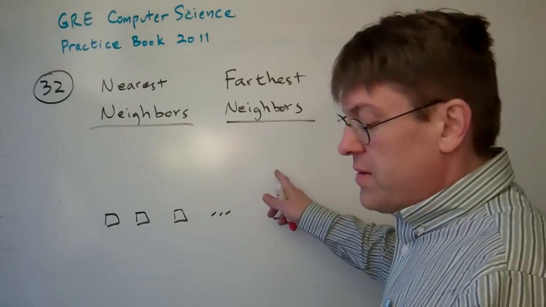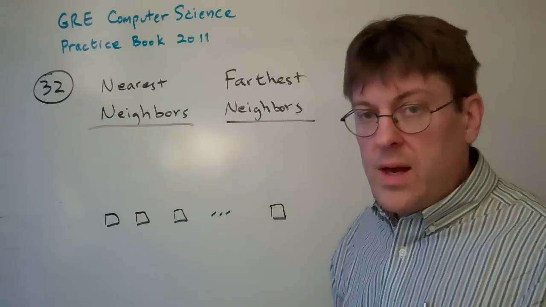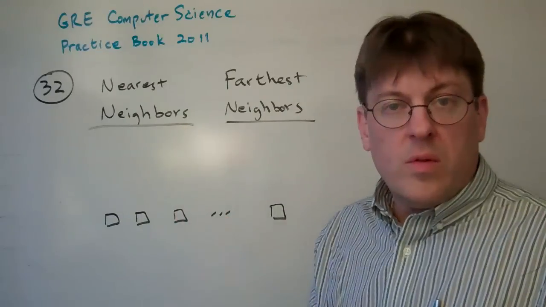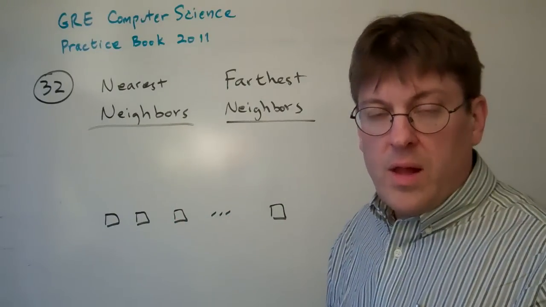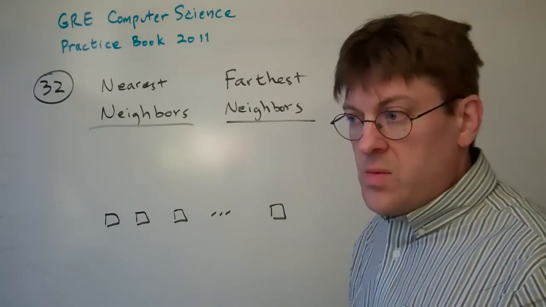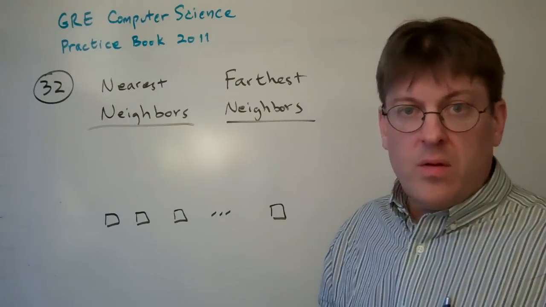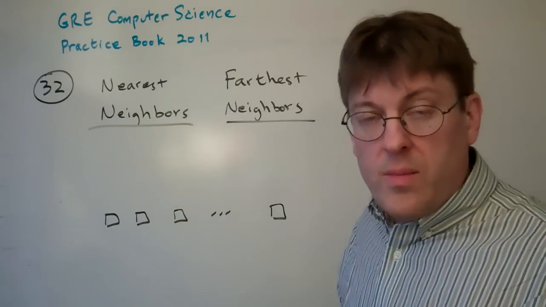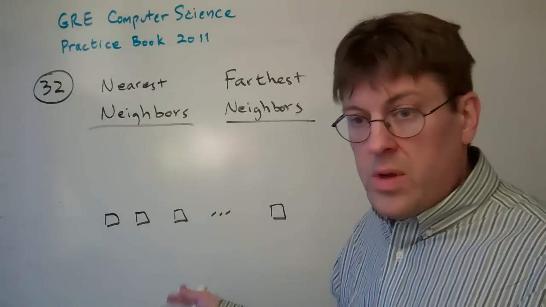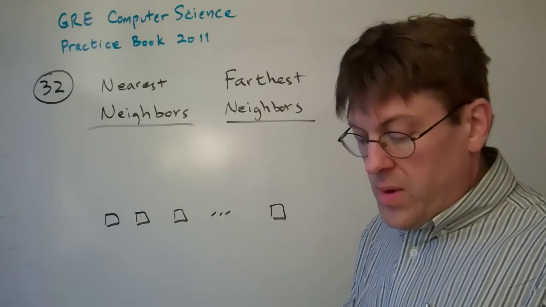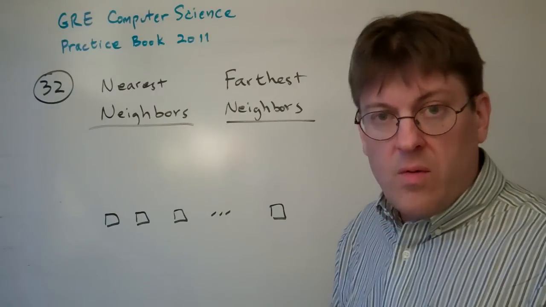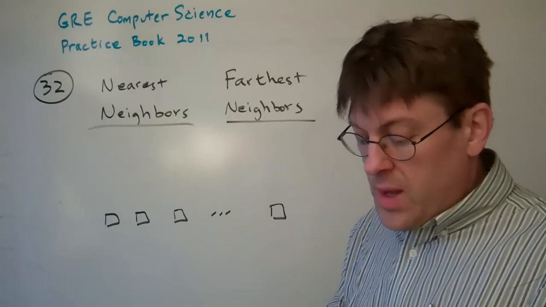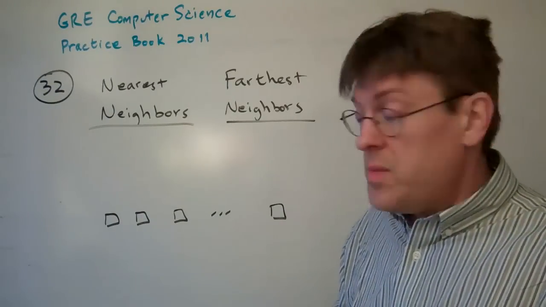In the case of the farthest neighbors, all we really have to do is put the lowest one in the first element of the array and the largest one in the last element of the array, and just go through all the numbers and keep putting them in there. So basically, we can tell who the farthest neighbors are really easily just by keeping track of the minimum and maximum number in the array.